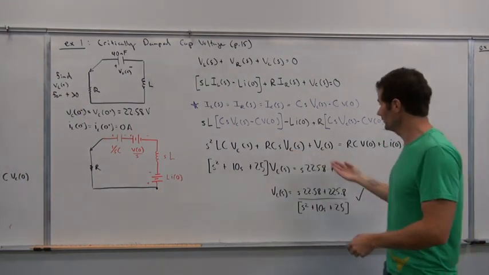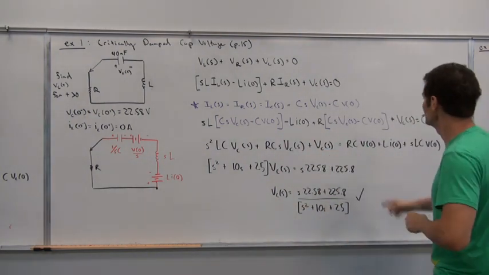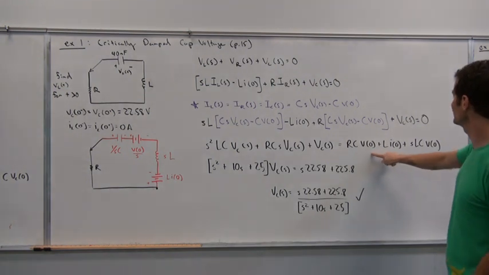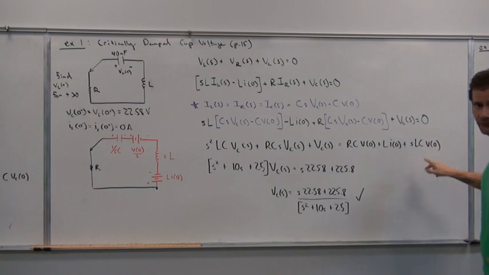Congratulations, guys. We got it all in terms of one variable, what we were looking for, substitution, just like we did in the time domain. And that's equal to RC V naught plus L times I naught plus SLC times V naught.